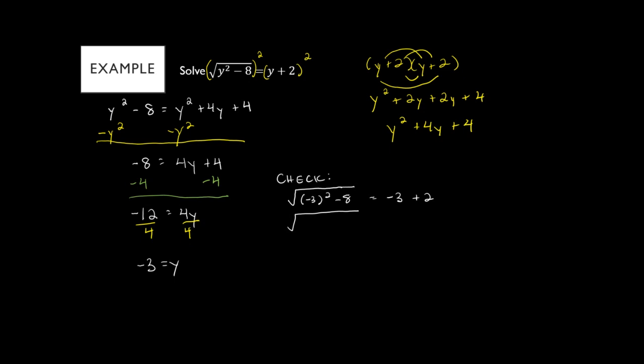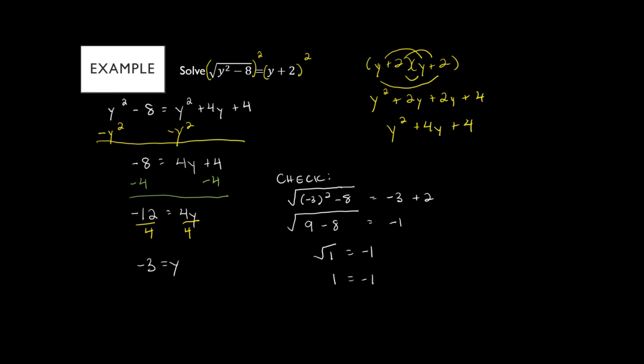So negative 3 squared is 9, so we get 9 minus 8. And then on the right, negative 3 plus 2 is negative 1. Now, 9 minus 8 is 1. We're going to get the square root of 1 equals negative 1. And the square root of 1 is 1, so we get 1 equals negative 1.